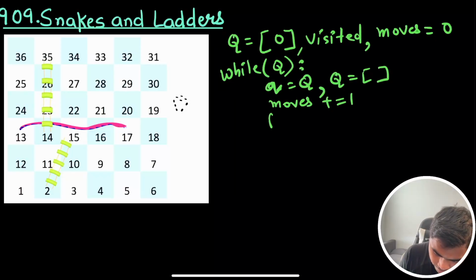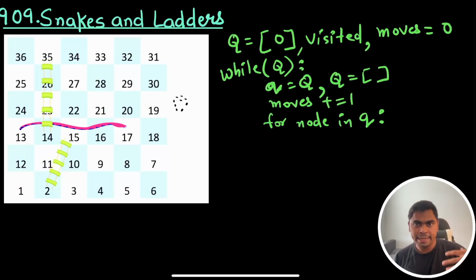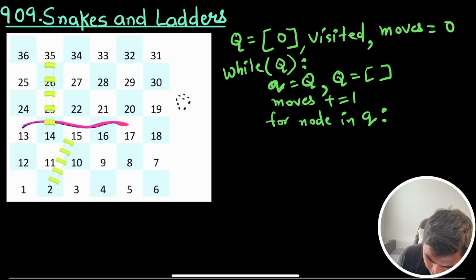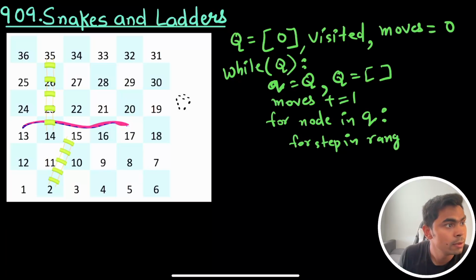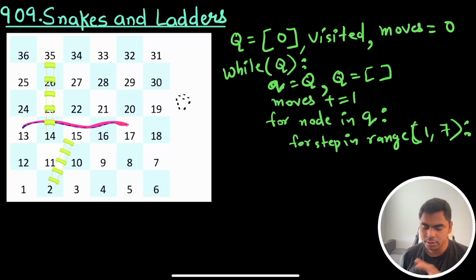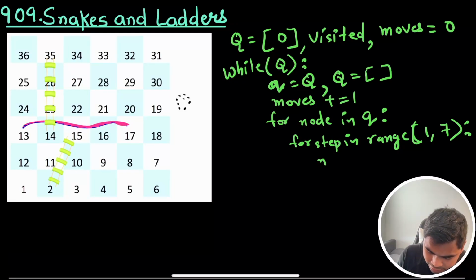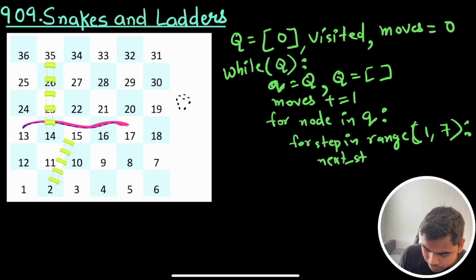Now for nodes in my small queue, this node can take 6 steps. So for step in range 1 to 7, this will give us 6 numbers, 1 to 6; 7 is excluded.